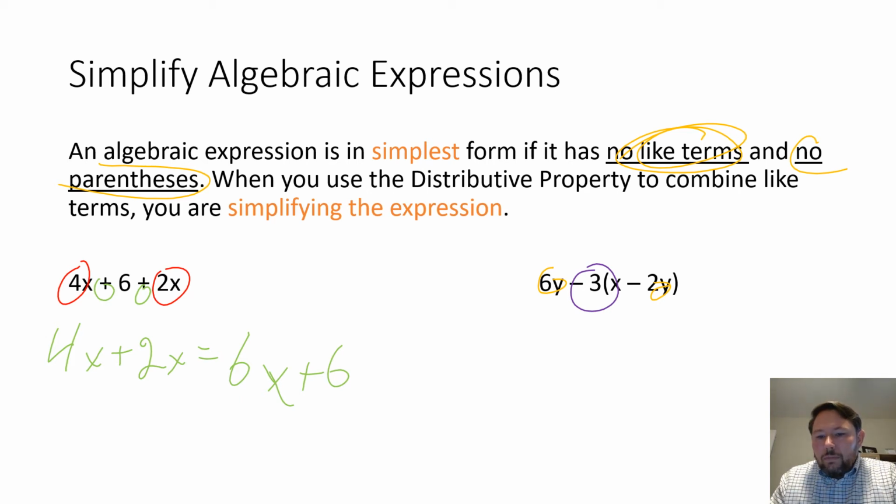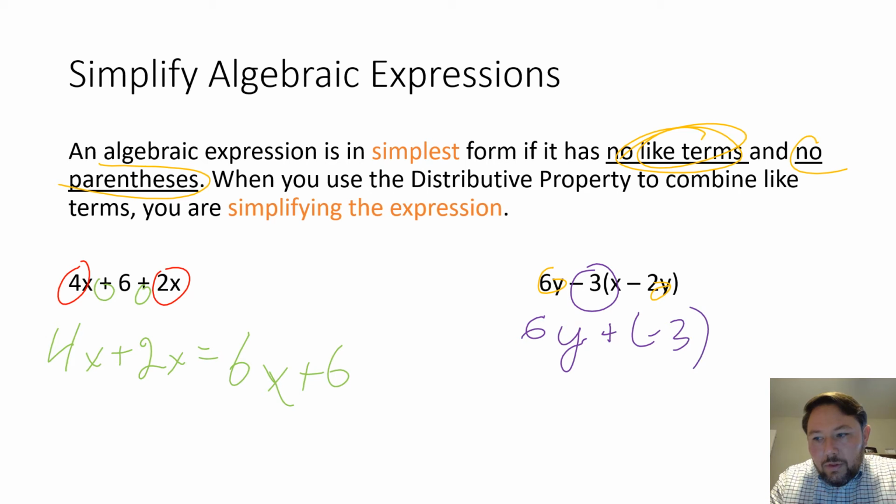Well, with the distributive property, we can set it up such as 6y plus, we're going to put the negative 3 in a parenthesis, and then we're going to be multiplying that by the rest of our expression.